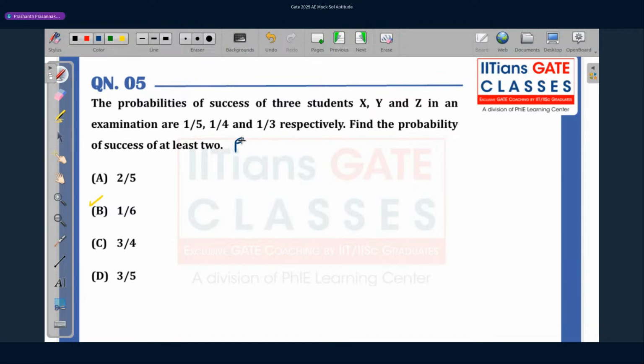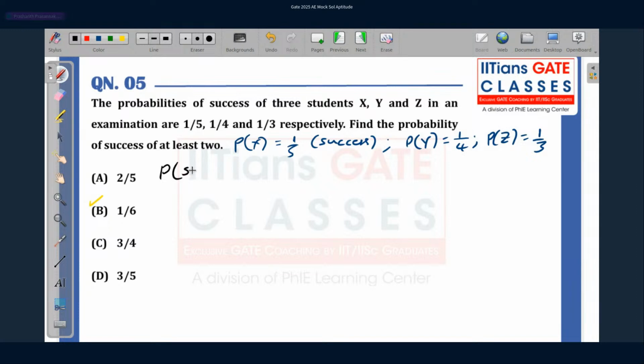What is given? Probability of X is 1 by 5, and this is related to the success. Probability of Y is 1 by 4, and probability of Z is 1 by 3. What is the question asking for? Probability of success of at least 2. Since this word at least is there, I'll enumerate the full thing.